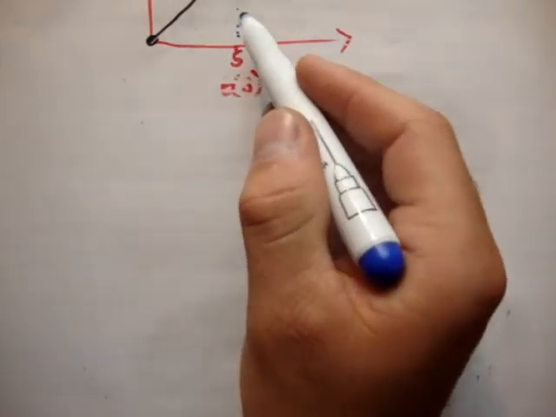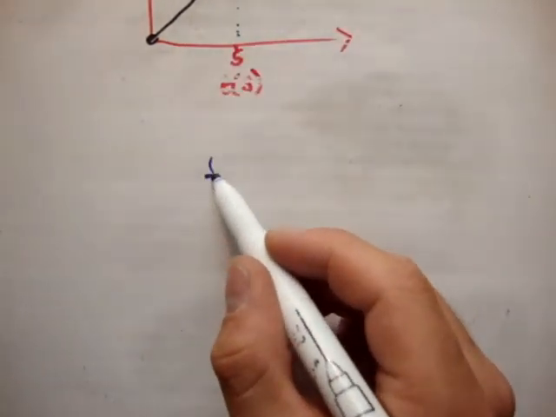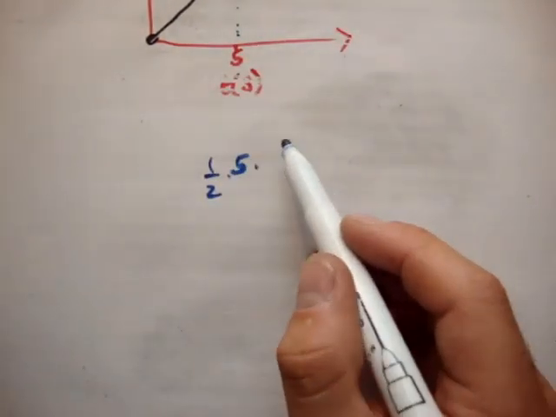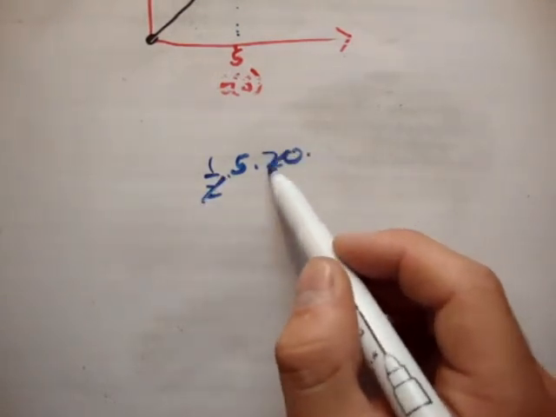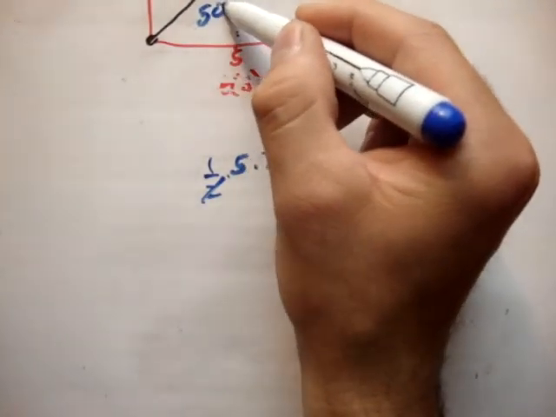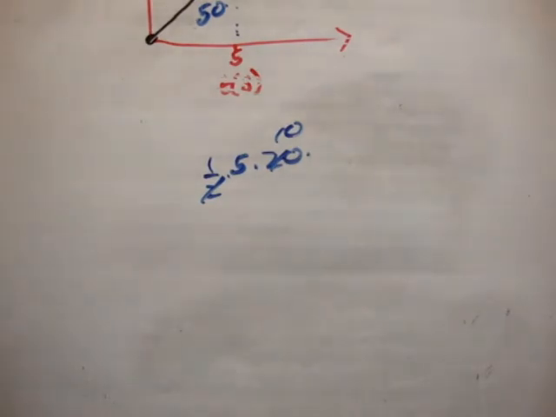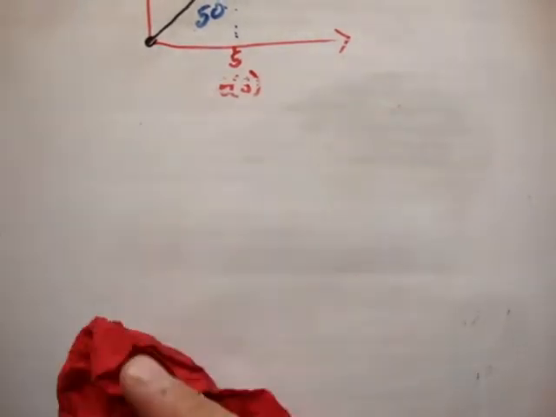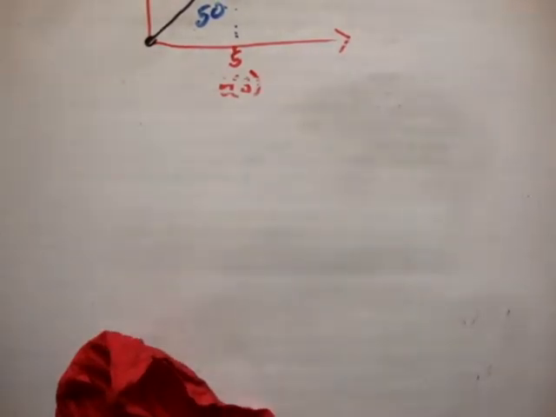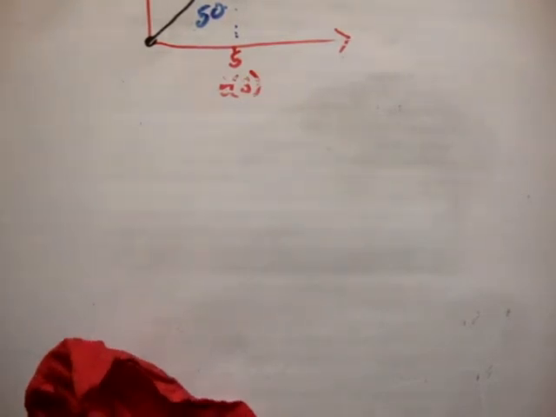Let's see, we got the acceleration, now we'll get the distance very quickly here. The distance is the area of the triangle, so half times 5 times 20, half the base by the perpendicular height. So that's equal to 50 meters. The last part of the question says total time taken.